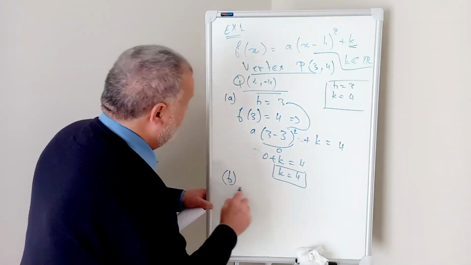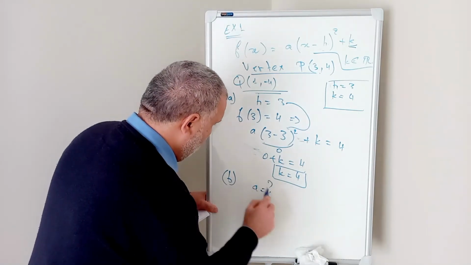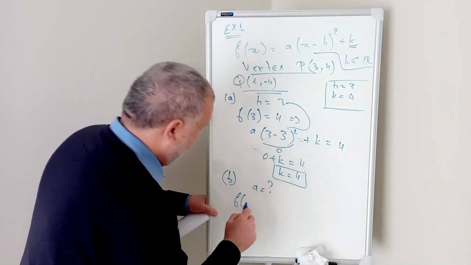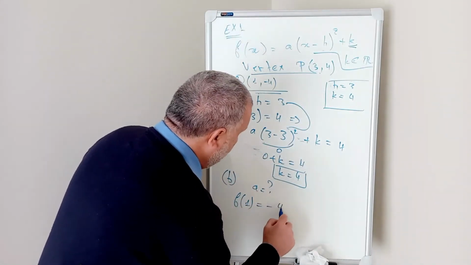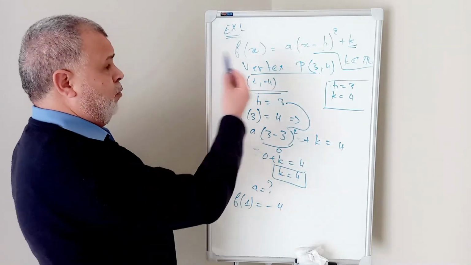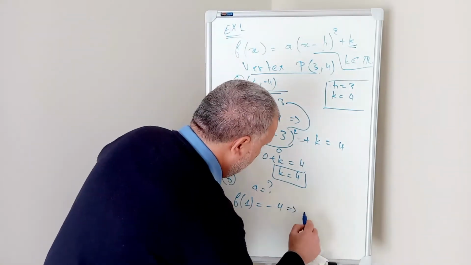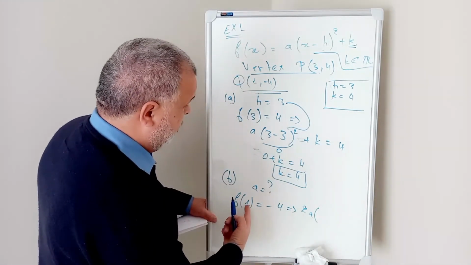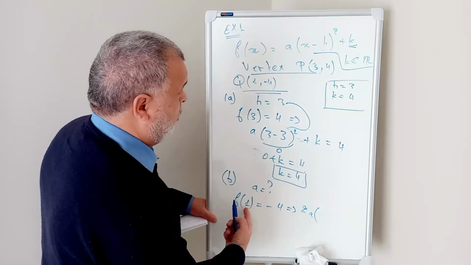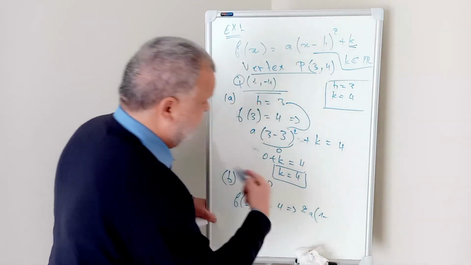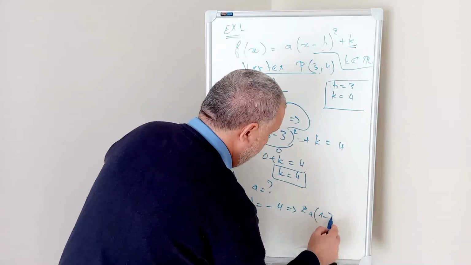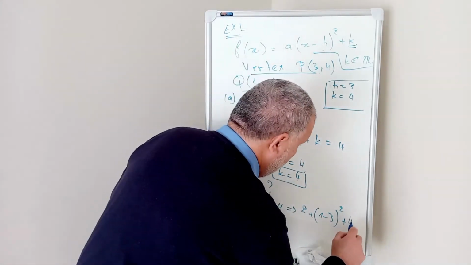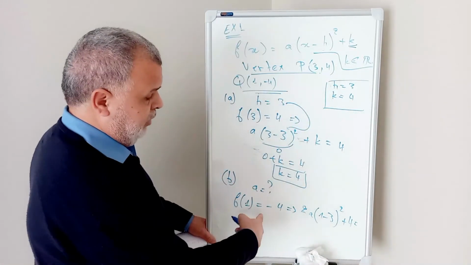B. What is the value of a? We have f of 1 is equal to minus 4, so we will use that. That means a times (1 minus h), which is minus 2, squared, plus k, which is 4, is equal to minus 4.